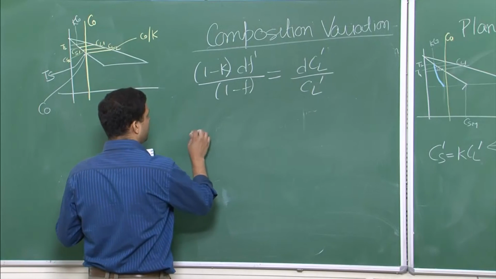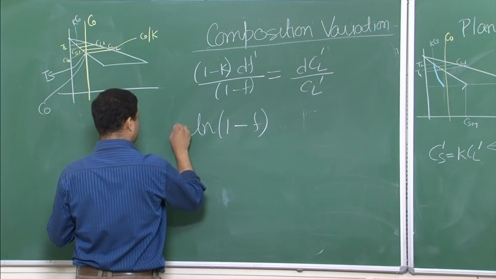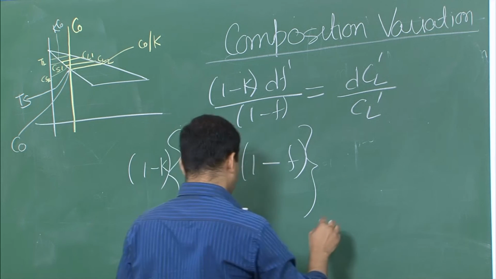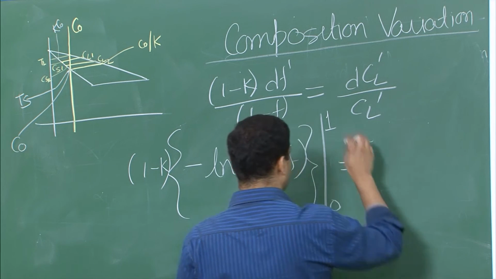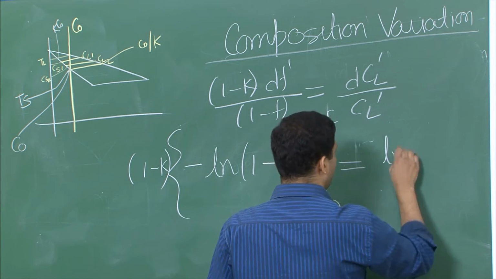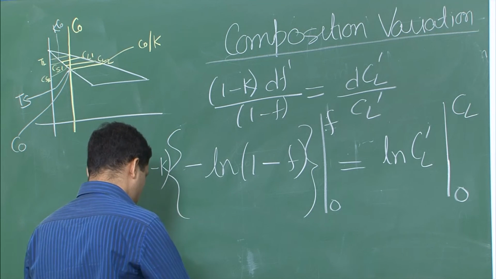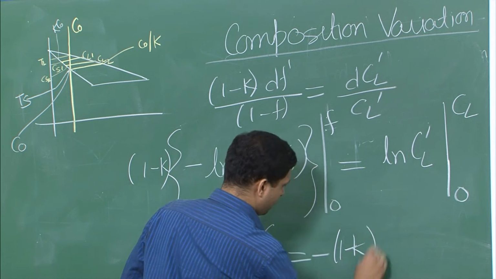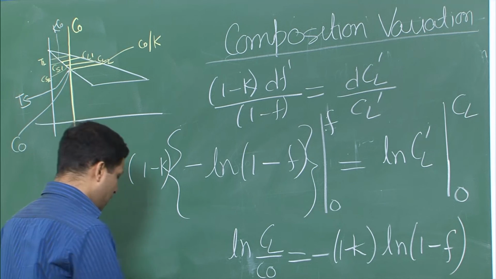So this equation will become, and this has to be integrated from 0 to 1, not 0 to 1 but 0 to some value of f, and this one will become ln Cl prime, which has to be integrated from 0 to some value of Cl, and from here you can easily come to the equation, and you can further reduce it.